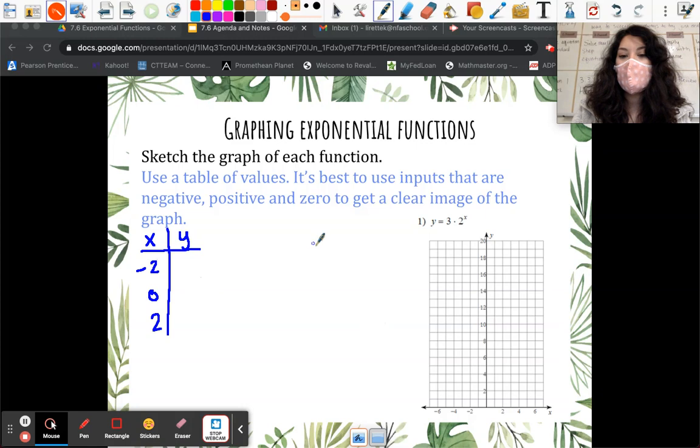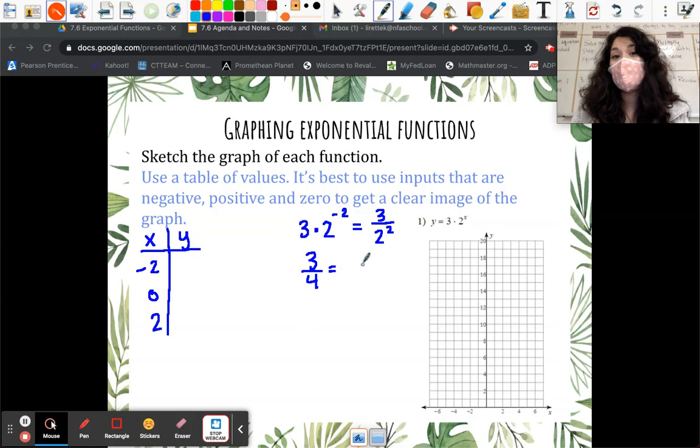For an x value of -2, we're just going to replace that exponent with a -2. And we learned that a negative exponent just says to take that power and move it to its reciprocal location. So if I simplify this, that's going to give me 3/4.